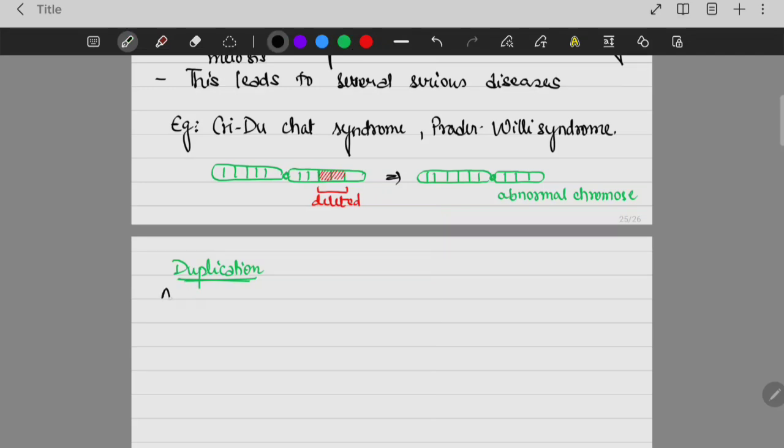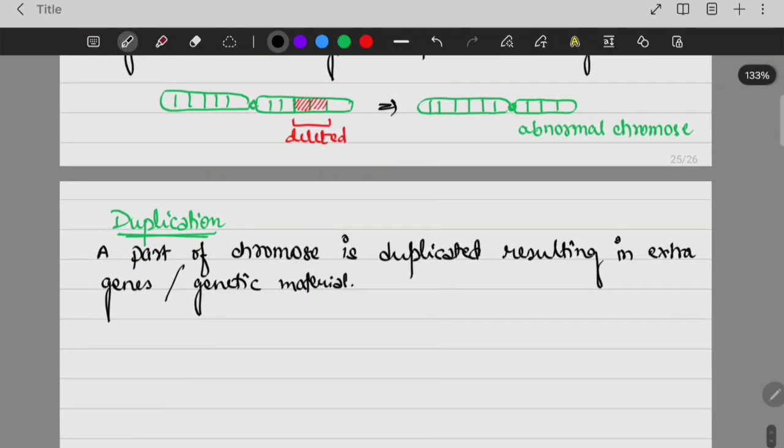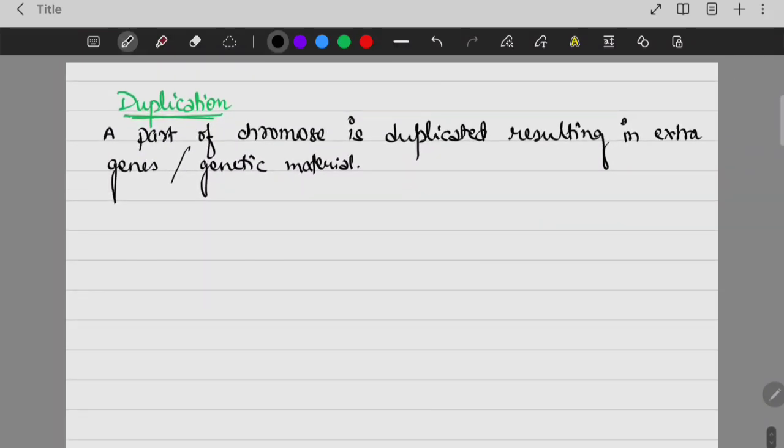Means a part of the chromosome is duplicated, resulting in extra genes, or I would say genetic material. This occurs when there is unequal crossing over during meiosis.